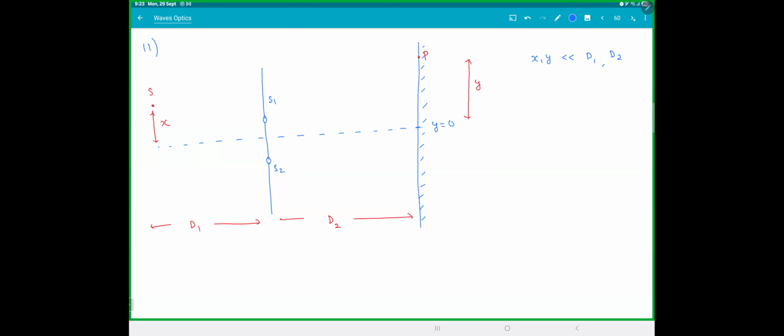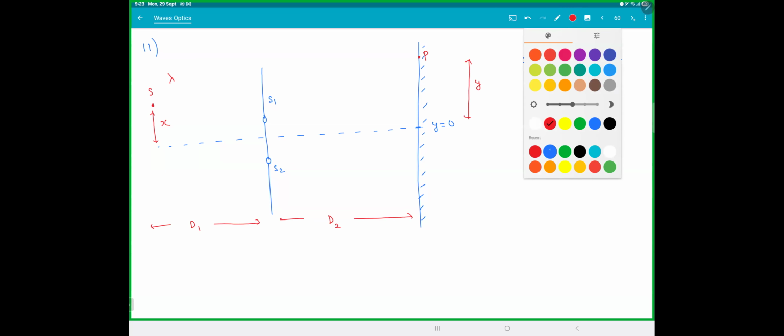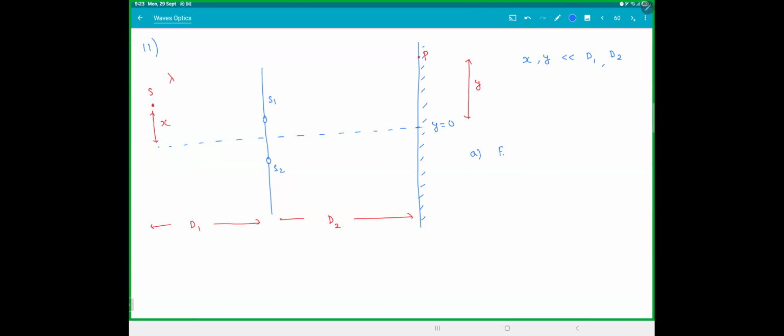Both are small. Okay, so the source is not on the center anymore. Find the position of central maxima and find the intensity at point P. I gave everything in variables. You can understand what is central maxima, the point where delta x becomes 0.